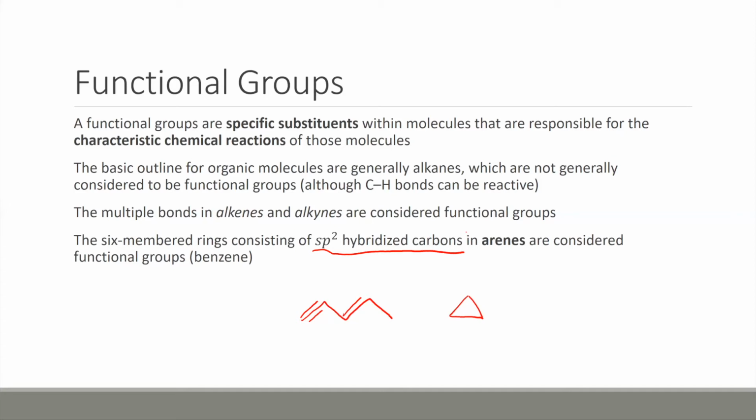We talked briefly about arenes in a previous chapter. These are considered functional groups. So the main example that you will see over and over is benzene, which is this six-membered ring with alternating double bonds. Okay, so this can be considered a functional group, and it's because it has reactivity.